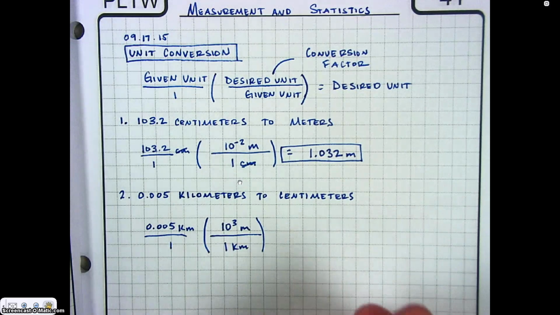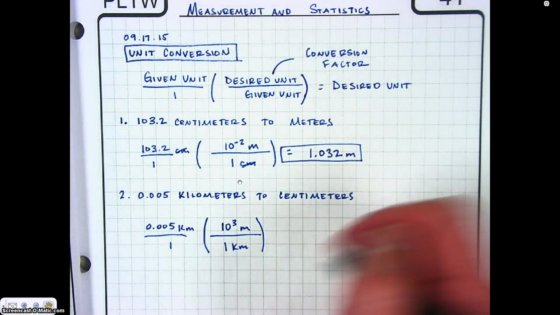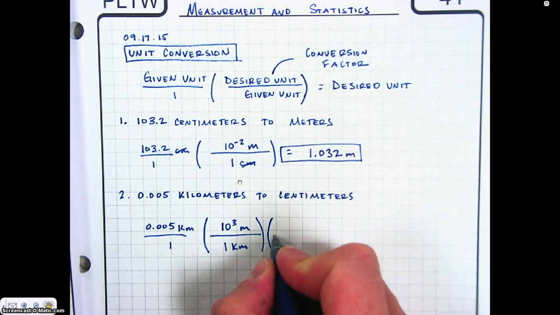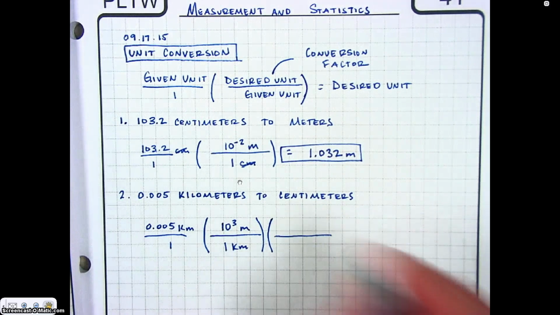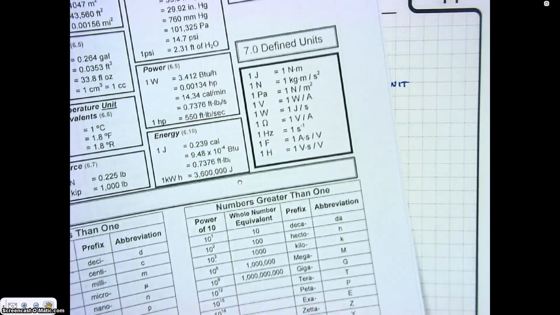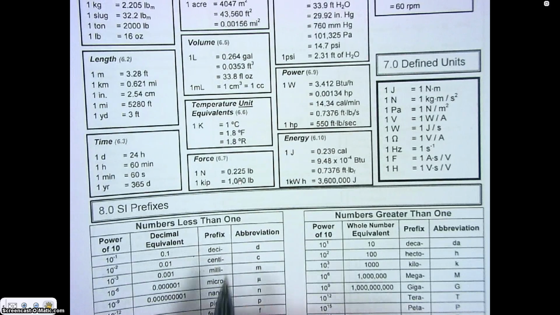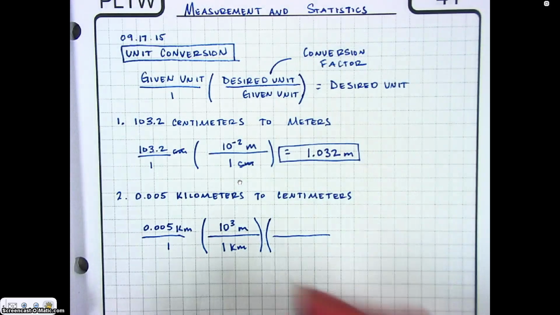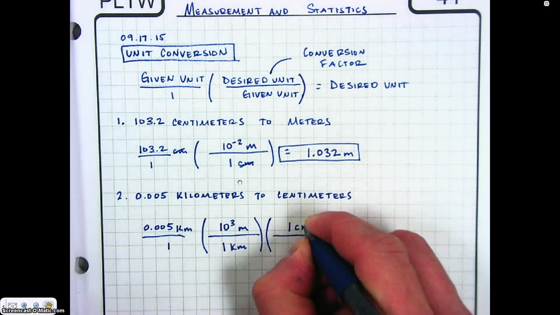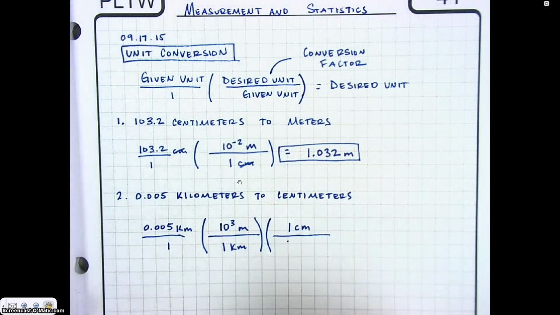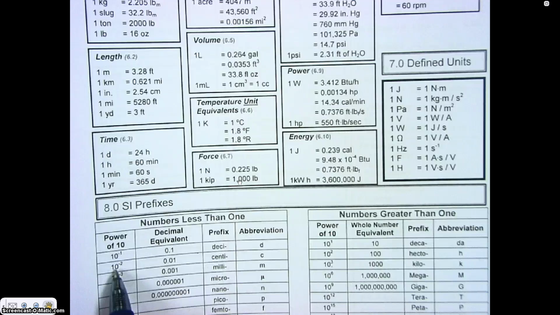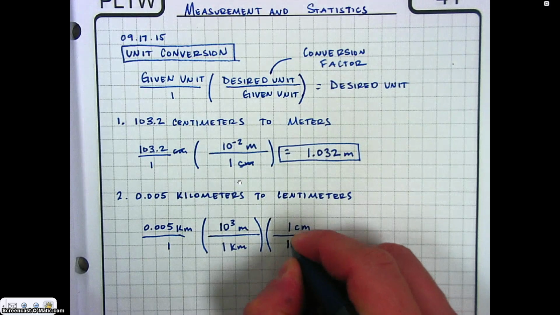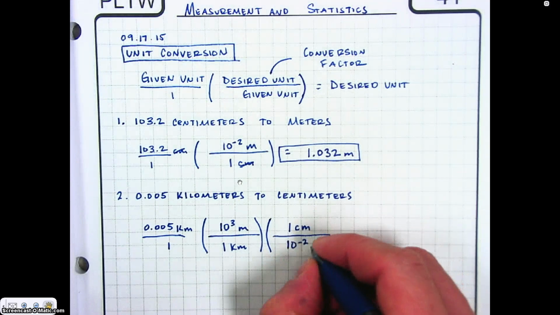And then we'll go from meters to centimeters. Now our desired unit is centimeters. So I'll look this up. 1 centimeter is our desired unit, is equal to, centi again is 10 to the negative 2, 10 to the negative 2 meters.